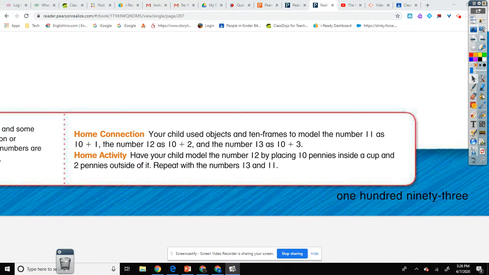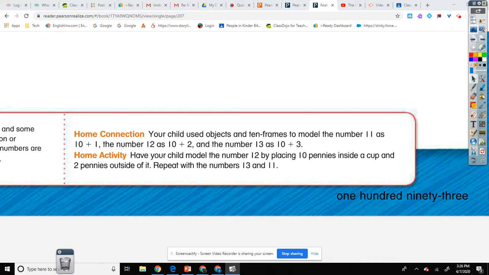Home activity. Have your child model the number 12 by placing 10 pennies inside a cup and 2 pennies outside of it. Repeat with the numbers 13 and 11. So right now you are basically using tangible items. Educators call them manipulatives or realia. Here it mentions 10 pennies, but you don't have to use pennies if you don't have them.